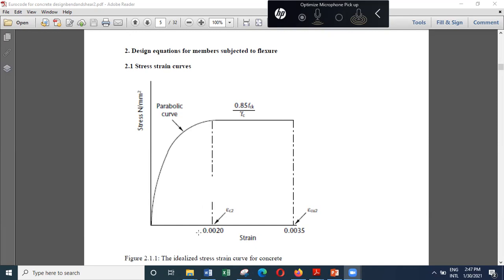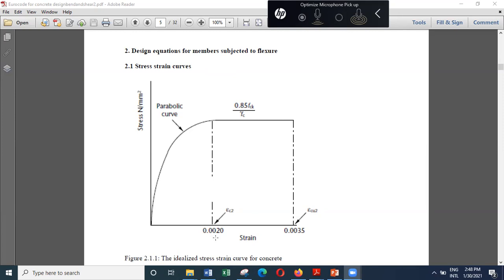The reason is by that time the micro cracks will start forming, and when there are micro cracks, concrete cannot take any more load, and then the strain will increase until the cylinder crushes. And we say the maximum strain by the time the concrete is going to fail is 0.0035.